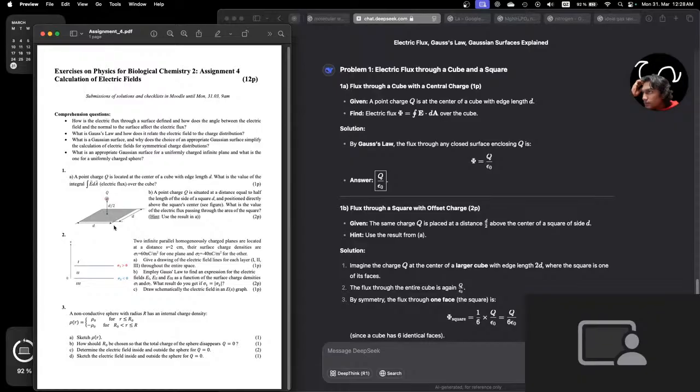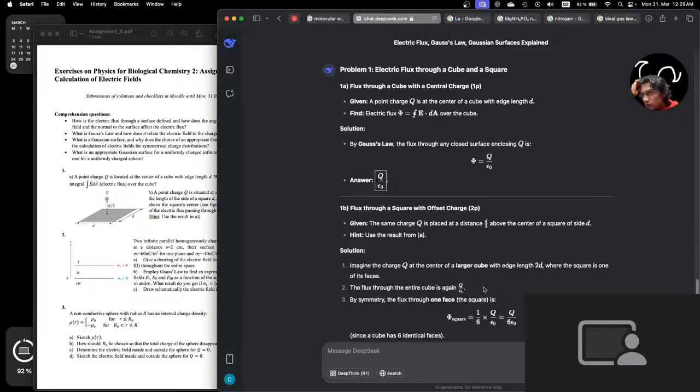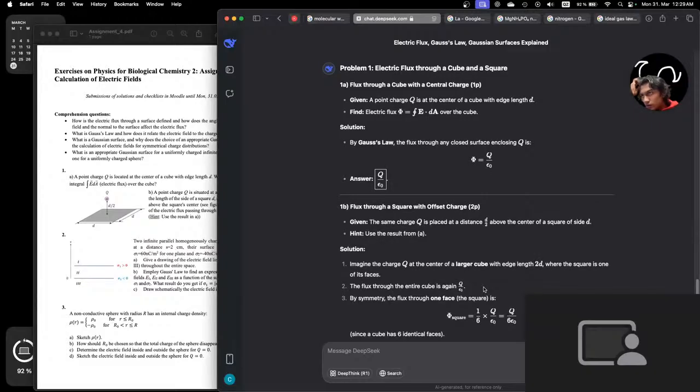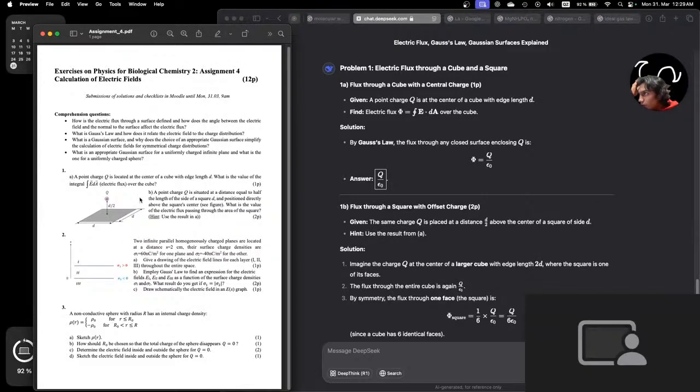Okay. What is the value of the integral, symmetry, 1a? Okay.